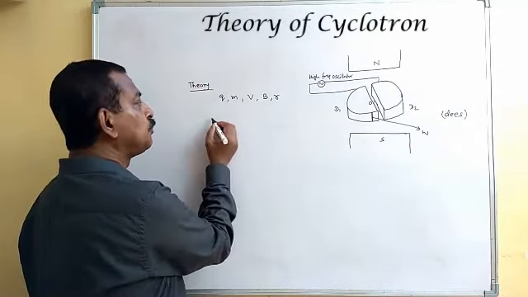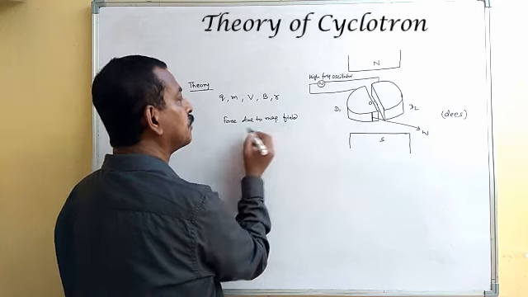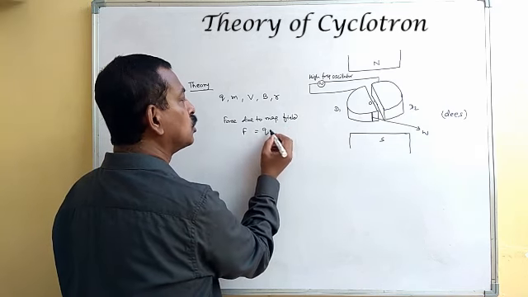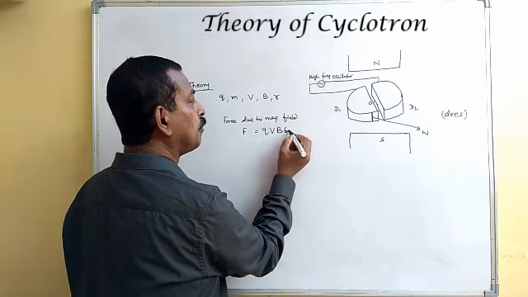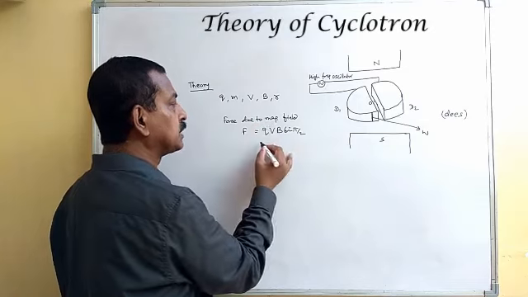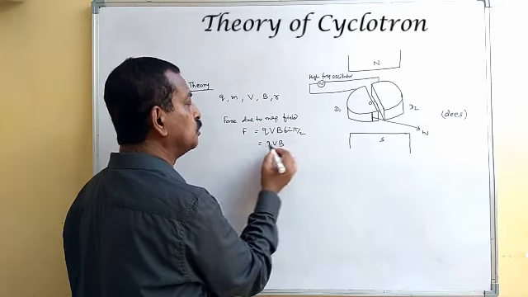So the force due to magnetic field, this F is QVB sin(pi/2), because V and B are mutually perpendicular. So it is QVB.